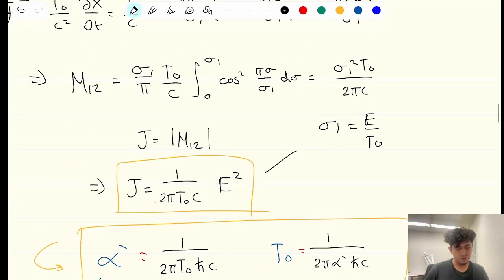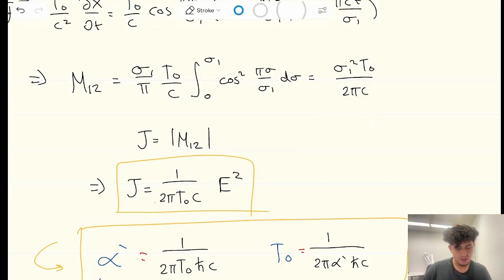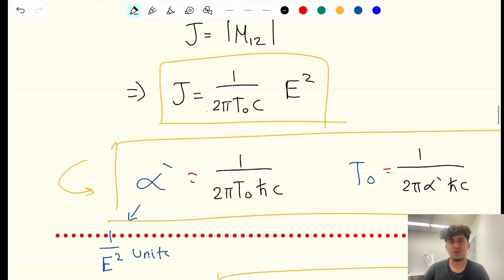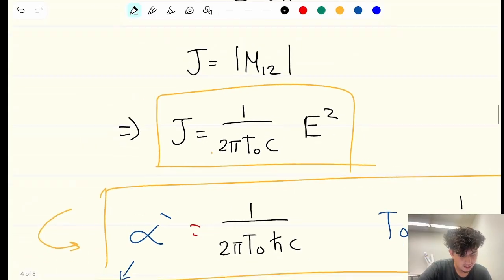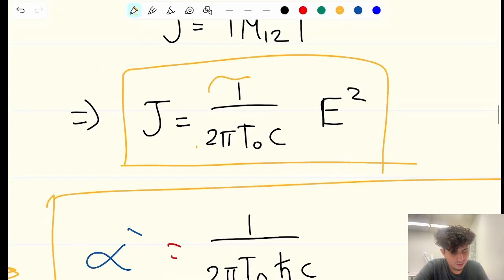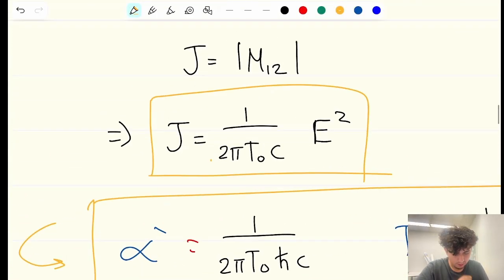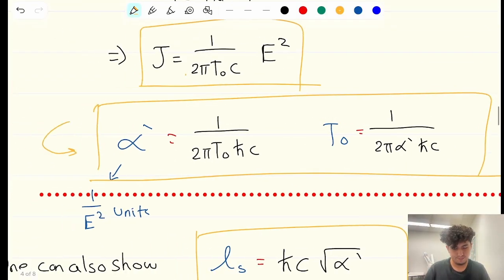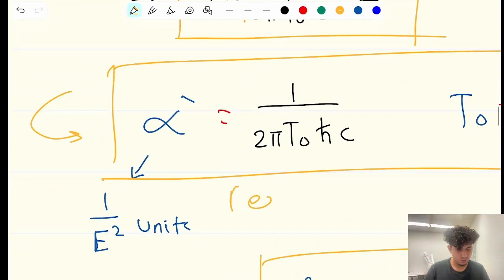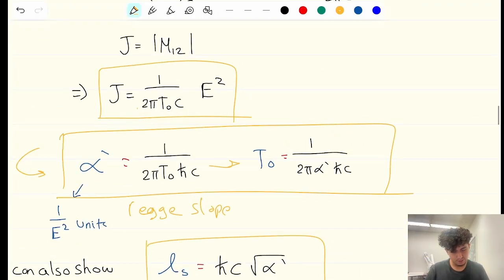And this is going to give you the following expression. Cool. So here is where you get the proportionality between J and E squared. We call this proportionality constant alpha prime, or the Regge slope, and it just equals this. Or, if you want, the tension in terms of the Regge slope.